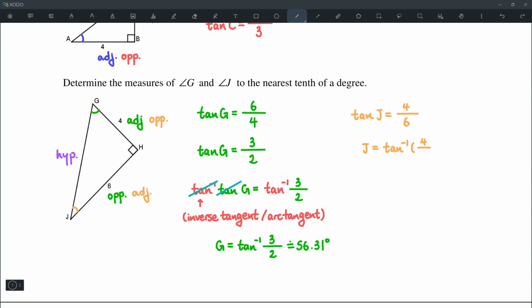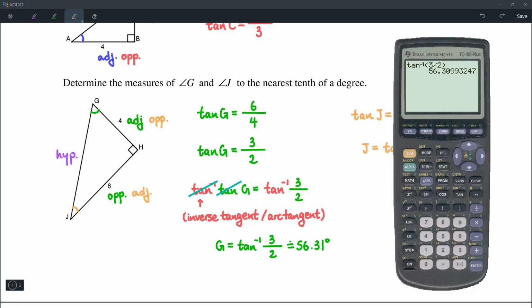We don't need to reduce here. Then we can go back to the calculator. Here we go, and we have arctangent of 4/6, which will give us 33.69 degrees.